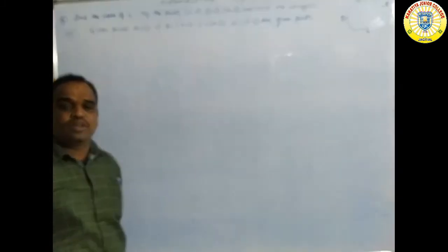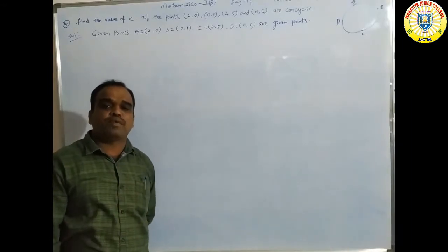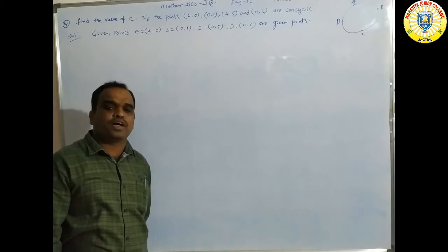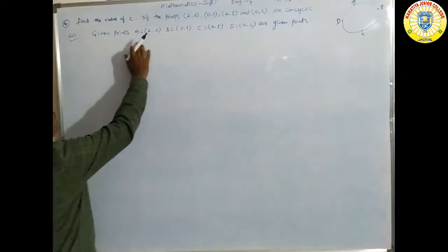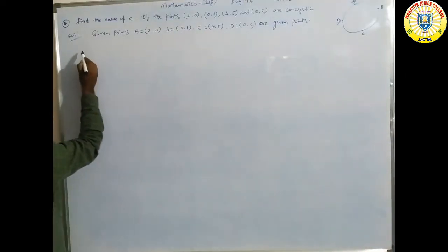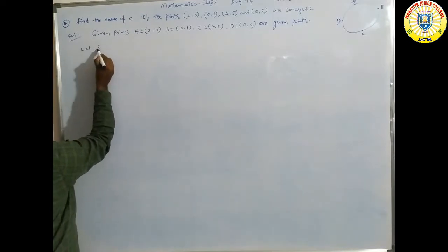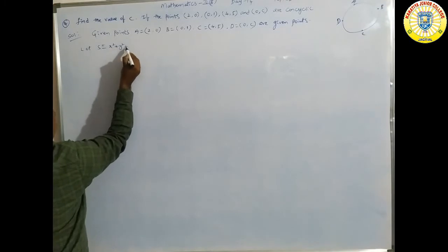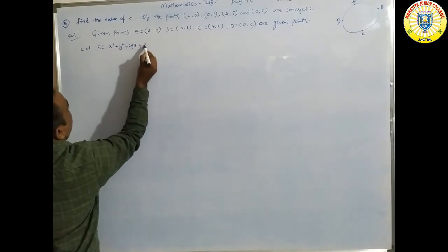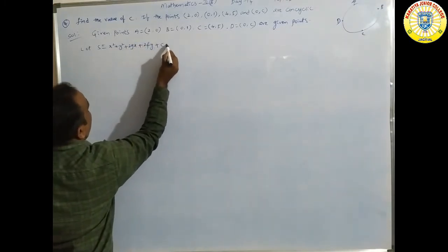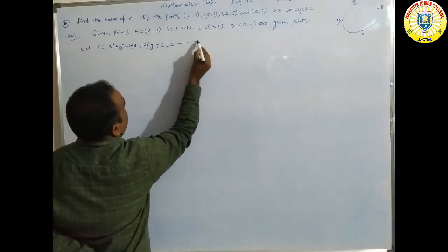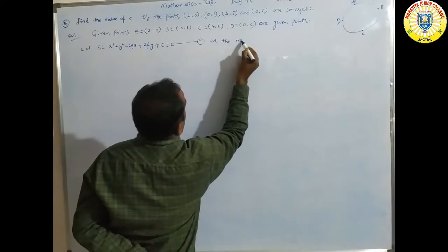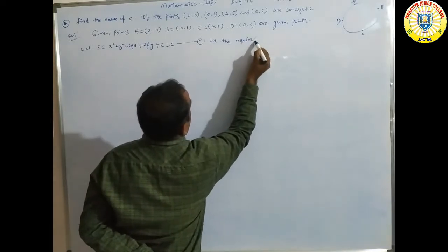Next we are finding the circle equation passing through the 3 points. First we find the circle equation passing through the 3 points A, B, C. Let S equals x square plus y square plus 2gx plus 2fy plus c equals 0, be the required circle equation.